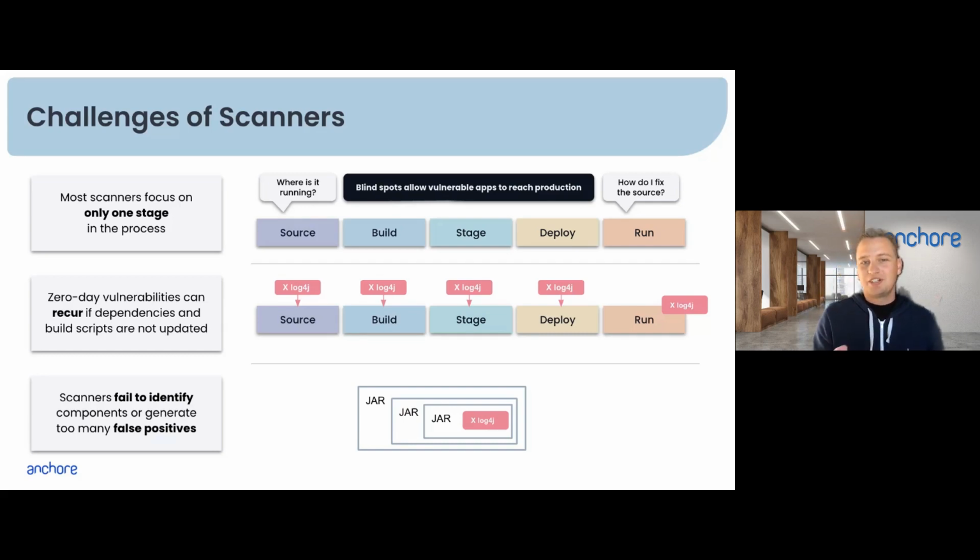People like to focus on either source, so scanning source code, or building and staging, so focusing on scanning during CI, or somewhere in runtime, where it's like, okay, how do I fix this impacted asset, and how do I trace it back to where this asset came from?